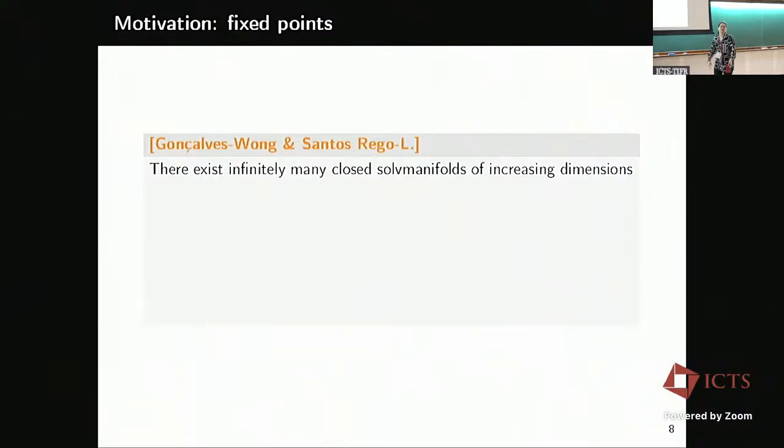Just to give you some example of things we can do: there's this result that I find nice because we show things for submanifolds using purely group theoretical tools. There was a result from Gonçalves and Wong where they showed that we can find a chain of closed submanifolds, in this case nilmanifolds, that have increasing dimensions.